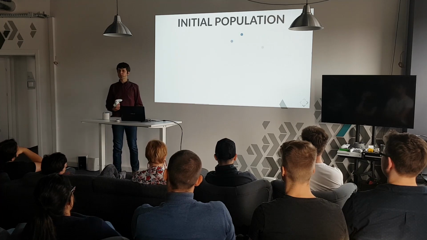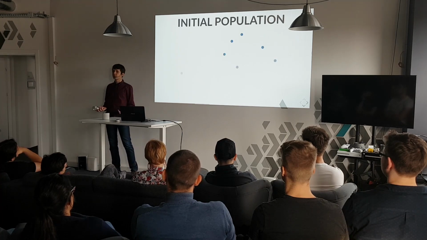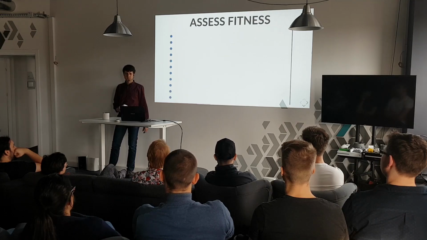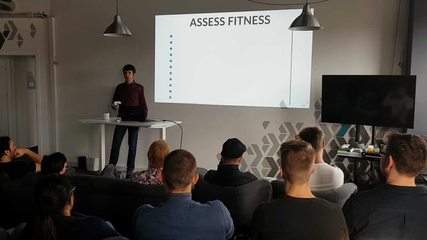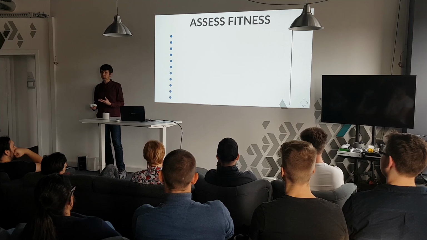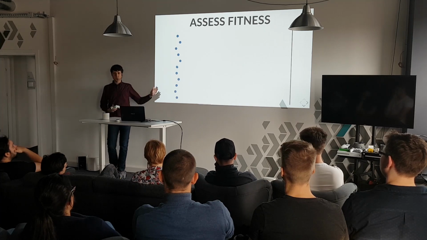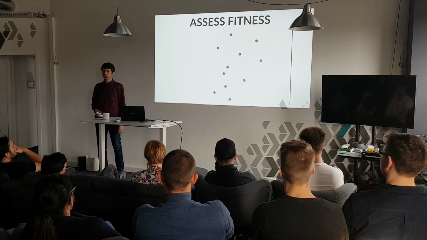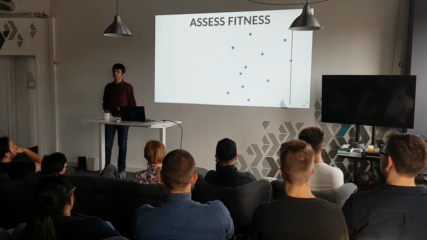Creating initial population. Well, the simplest way to do it is just to generate random solutions. You just generate lots of random solutions, and you are hoping that one of them will be somehow better than the others. So, what do you do next? You need to gather all the solutions that you created, and you need to assess the fitness of them. What happens is that you just kind of race them for survival, and some of them perform better, some of them perform worse.